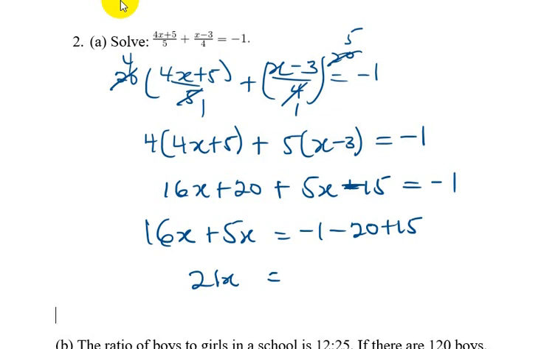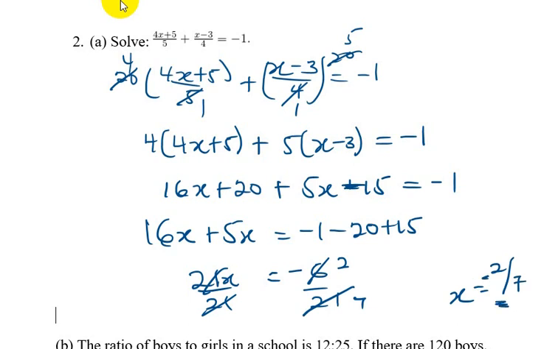Minus 21 plus 15 is going to give us minus 6. Then we divide by 21 and divide by 21. So this and this will cancel. We're going to get x being equal to, now 3 goes here 2 and it goes here 7 times. So we get x equals minus 2 on 7. So that is it for 2a.